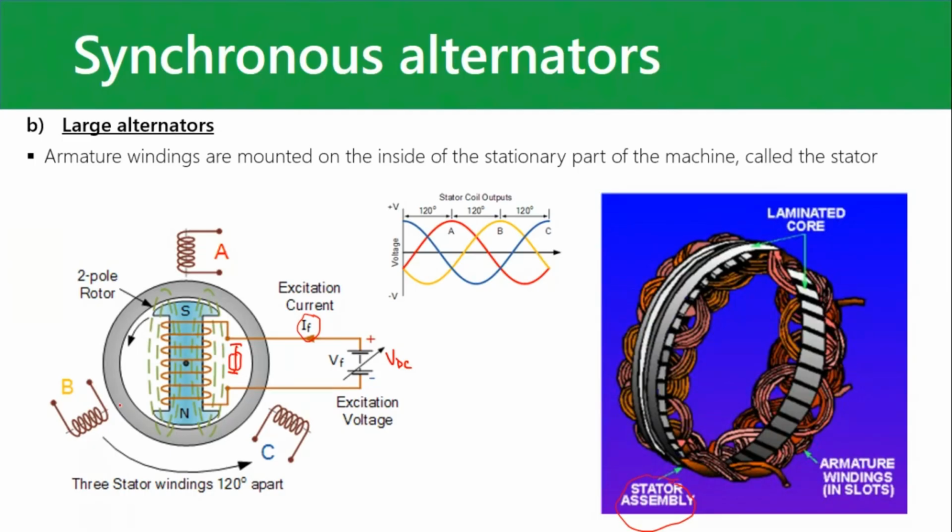Now, of course, you turn this with a prime mover, whether it's a steam turbine or whatever it is, then this flux is turning round and round at the same speed as the rotor speed. So that's very important, okay? The magnetic flux speed is the same as the rotor speed.